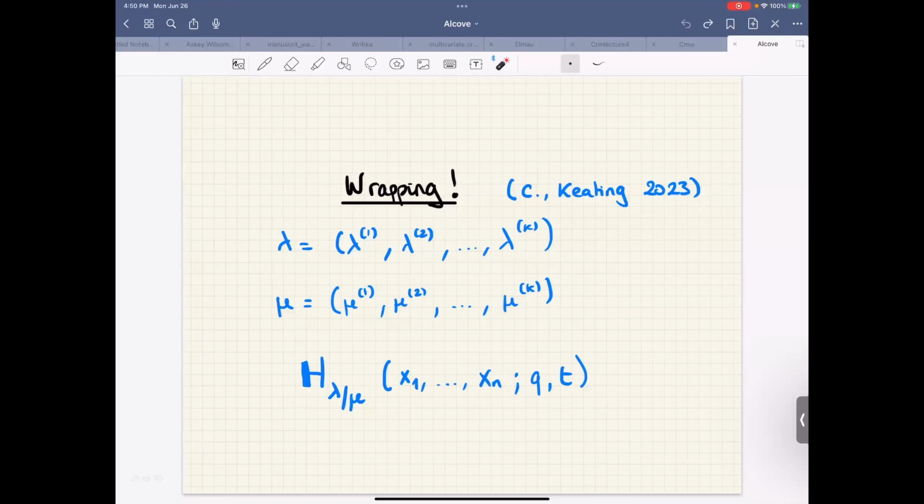Okay, so now let me finish my talk by talking about what happens when we add this condition of being able to wrap around. Now we are not going to have only n variables x1 up to xn. We had the t that we had from the LLT polynomial, but now we are going to have an extra variable q, and again polynomials are going to be indexed by 2 k-tuples of partitions.